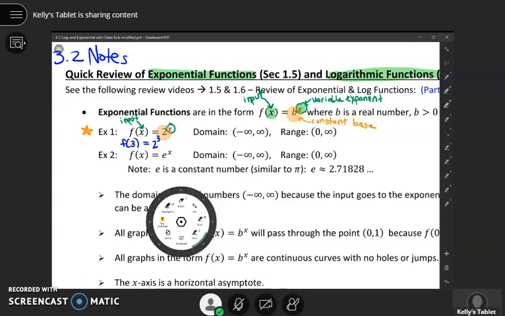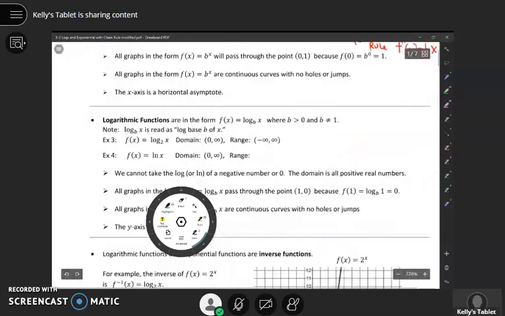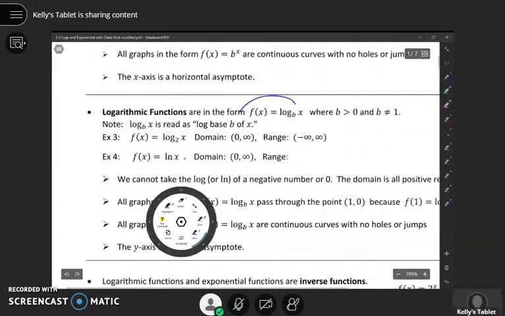So then I'm going to have a different rule. I'm not going to use the power rule for this one. I'm going to use the exponential rule. Now, log functions are easy to recognize because you're going to see a log in the rule. So that's more straightforward. You're going to use your log derivative rules.